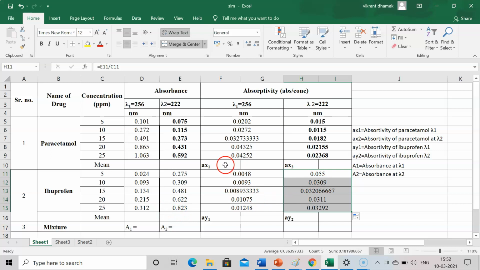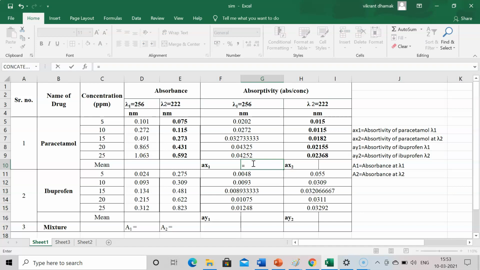For the purpose of calculating the absorptivity mean, you need to calculate the mean. So click on this block. For convenience, see here the cells I have separated, that is F and G, because AX1 I need to explain to you how that AX1 comes, for what value. So I have segregated those cells.